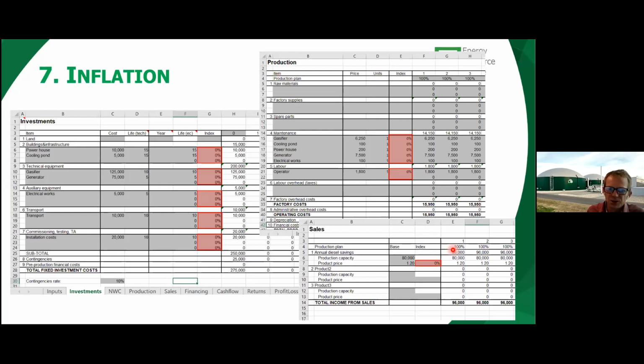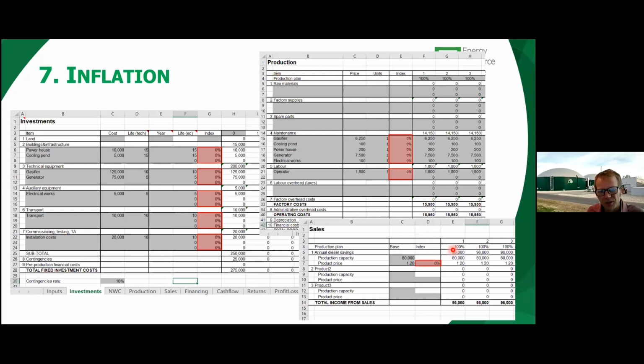So let's say, for example, if you import lubricants from outside, then you could apply an inflation rate from the country from where it is imported, and then apply the development of the exchange rate to this inflation as well.